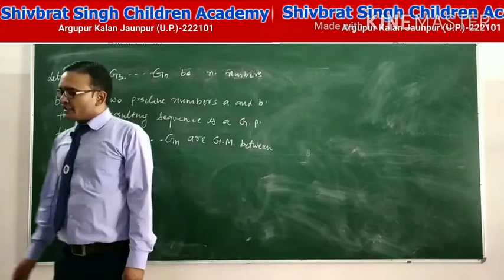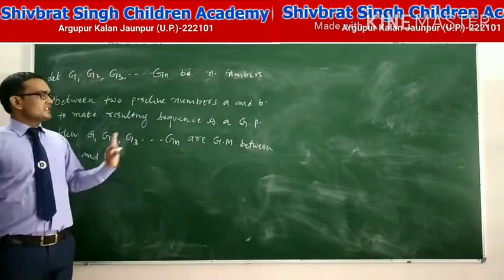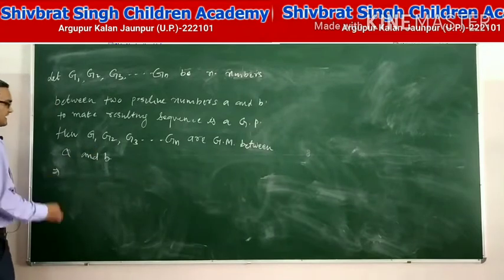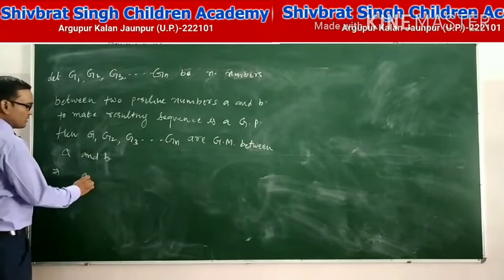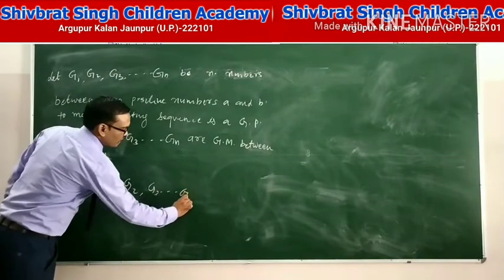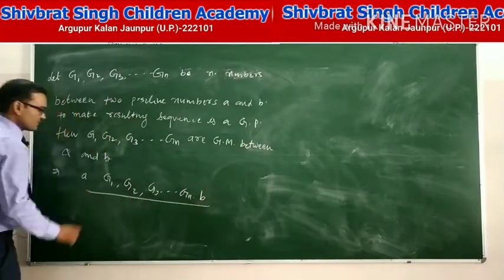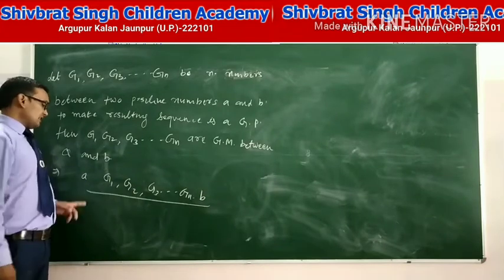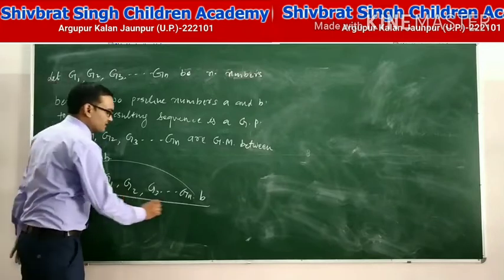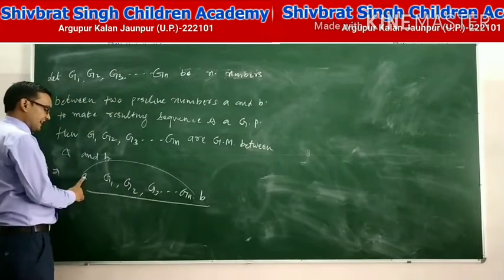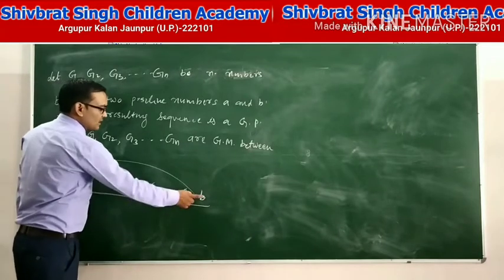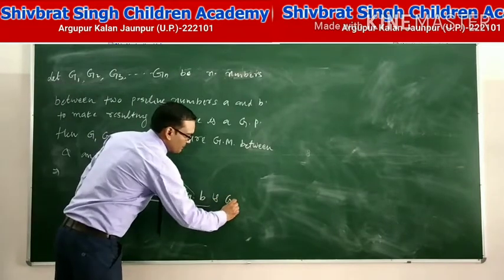G1, G2, G3, and so on, Gn. That means if we insert the n geometric means G1, G2, G3, and so on, Gn between two positive numbers, then these numbers together make the sequence A, G1, G2, G3, and so on, Gn, B a GP.